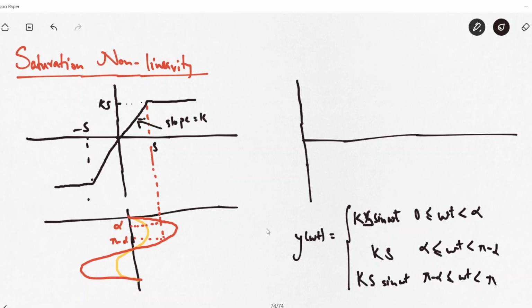Depending upon the magnitude of nonlinearity, the magnitude of output will also be determined, ks sine omega t.